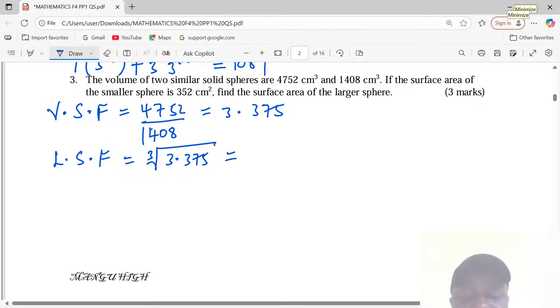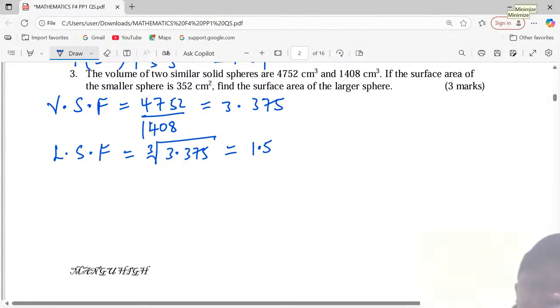Square root of area scale factor gives us linear scale factor. We link area scale factor and volume scale factor through the linear scale factor. The two cannot be linked directly. We must pass through the linear scale factor, which is now 1.5.